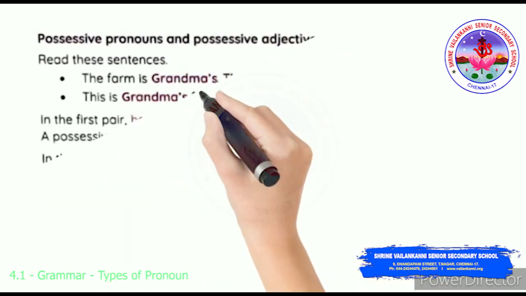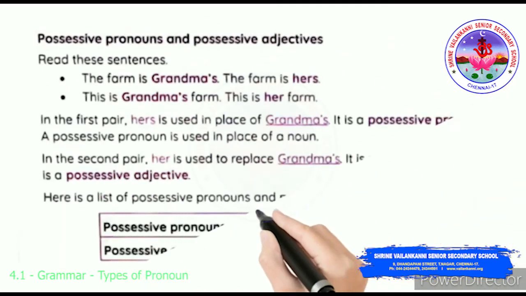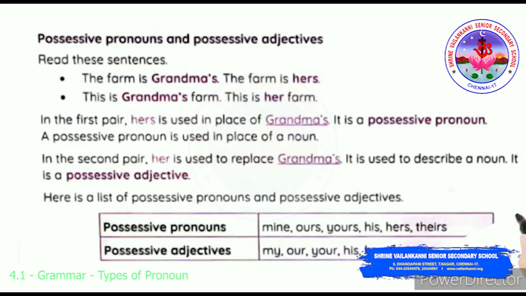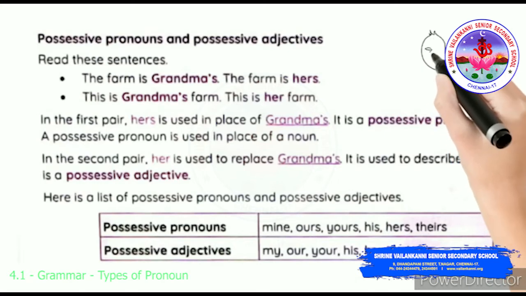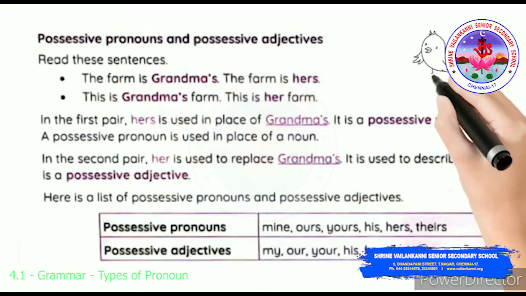Now we are going to see the difference between the possessive pronoun and possessive adjective, because they are very related. Now read the sentences. This is grandma's farm. This is her farm. Both sentences are giving the same meaning, but they are not the same sentences.